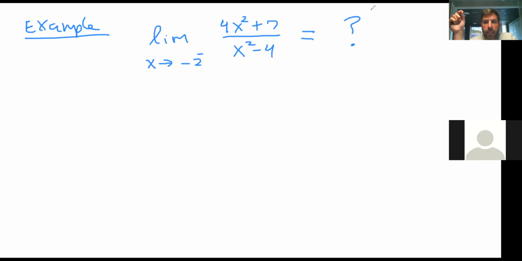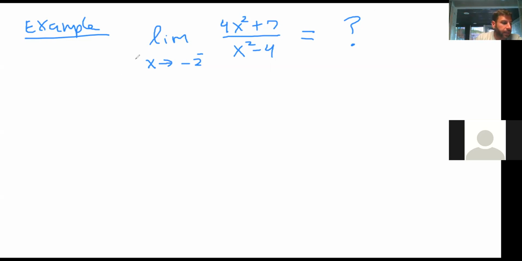So I clearly can't plug in 2, because when I plug in 2, I get division by 0. Or excuse me, I can't plug in -2 either. And so the thing I ask myself is, is there any algebra? Well, the problem is the numerator won't factor. And since the numerator doesn't factor, that leads me to think that I might have an infinite limit.